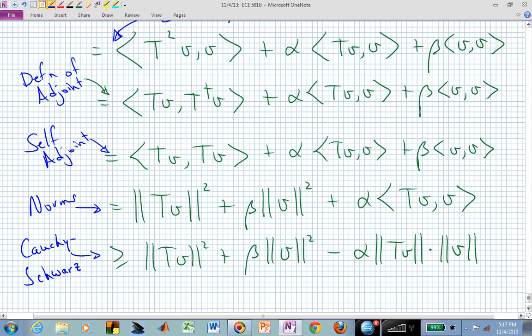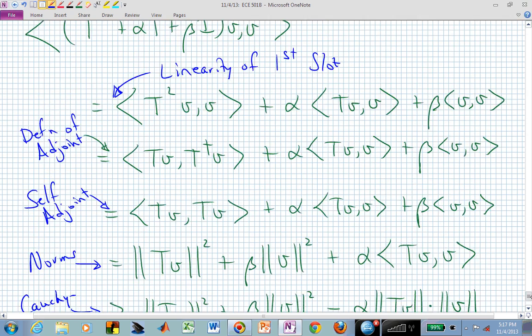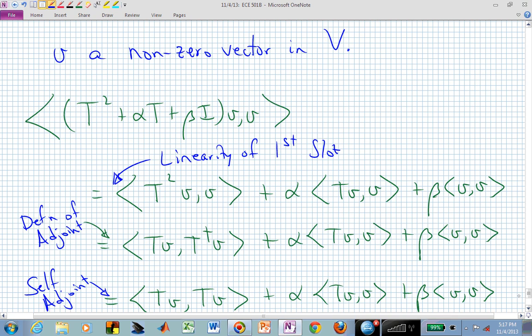If I can force this to be bigger than 0, then I know that the vector V is not in the null space of that map. And if I don't have a null space, if the null space is trivial, then it's an injective map. If it's injective, I now have an invertible map. And that's what I wanted to show.